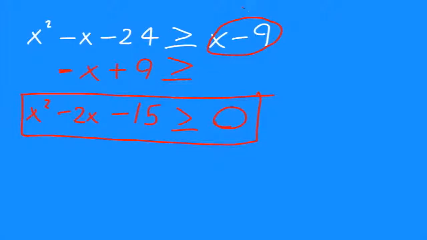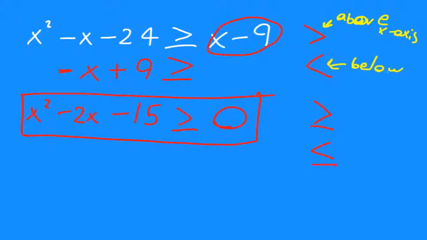Now remember that our signs are greater than, smaller than, greater than or equal to, and smaller than or equal to. What these things mean is they are just saying what's above the x-axis and what is below the x-axis.